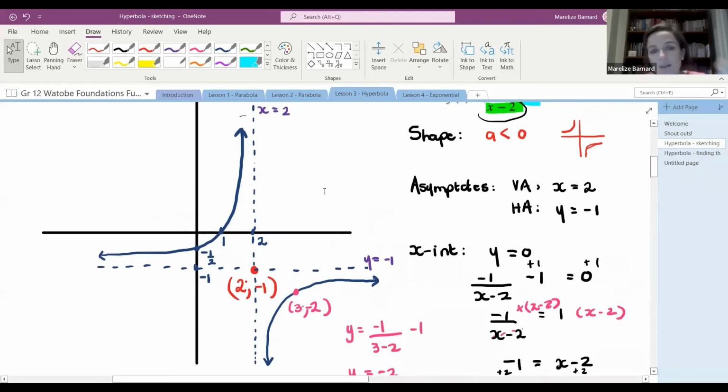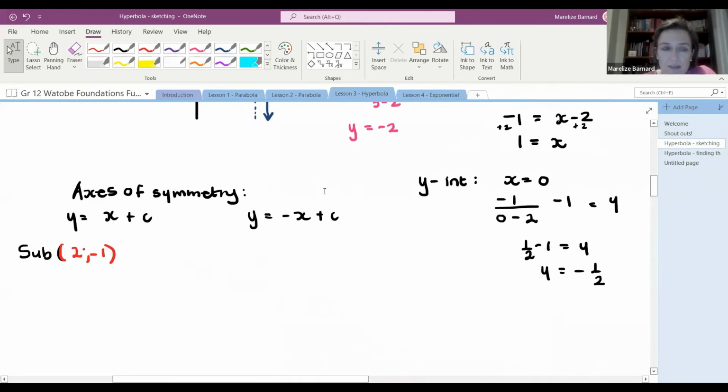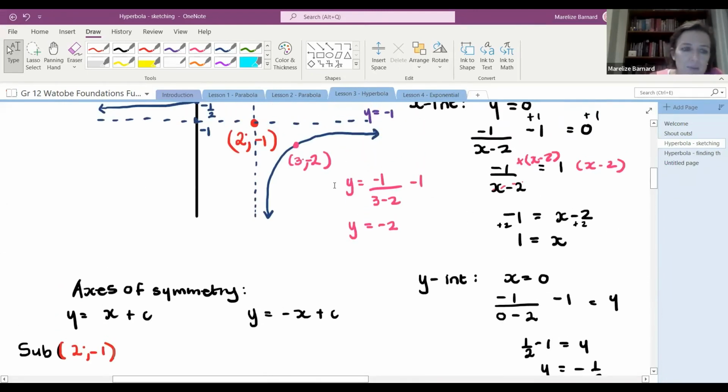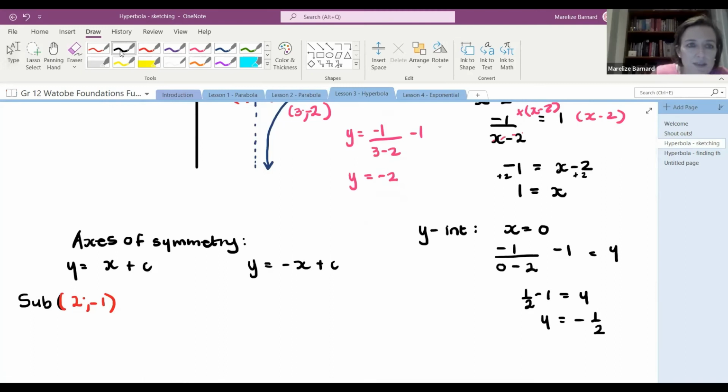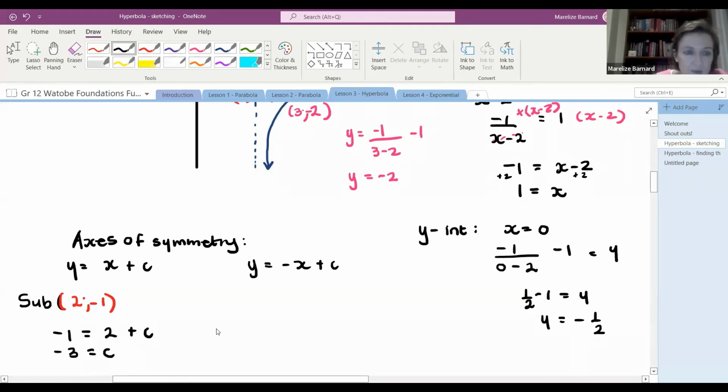But if you look at the hyperbola as it is at the moment, think about what symmetry is. Symmetry is like folding your paper and making an imprint. So if we fold this hyperbola through the axis of symmetry, it must make the imprint on the other side. So let's sub in this point. y is equal to x plus c. So y is minus 1, x is 2, and then c is minus 3.